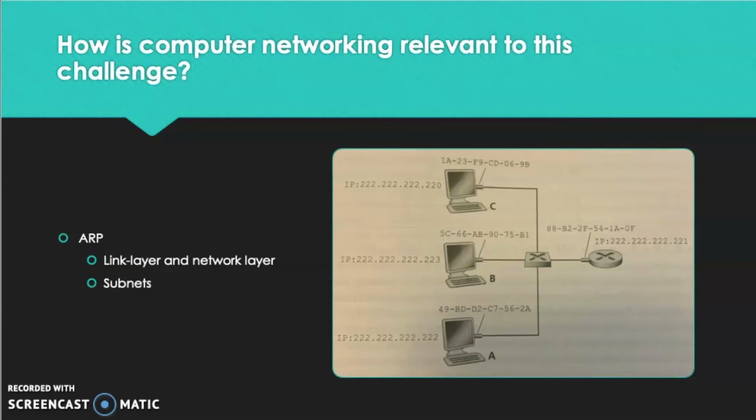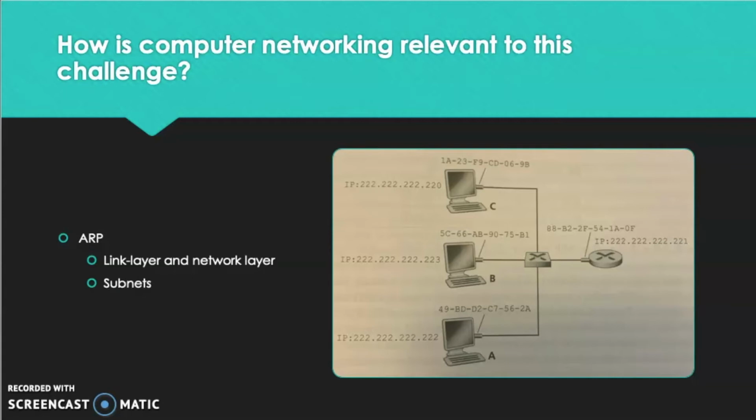Throughout the entire course, we have been talking about subnets and how they work within a networking system. ARP only works within the same subnet, and it cannot resolve an IP address for other hosts or routers outside the subnet. Our textbook touches on this: if you are in California and you're trying to get to a subnet that might be in Indiana, it's not going to work because it is outside, and ARP is not going to be able to work with this outside subnet since it is not within its own subnet.